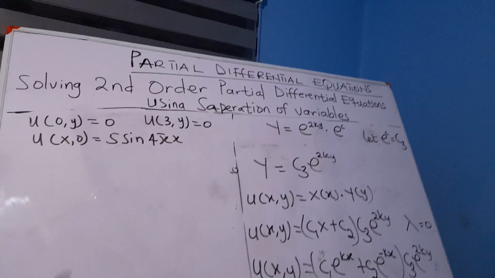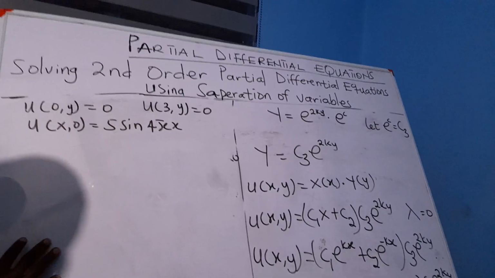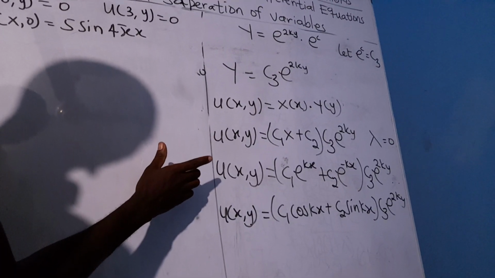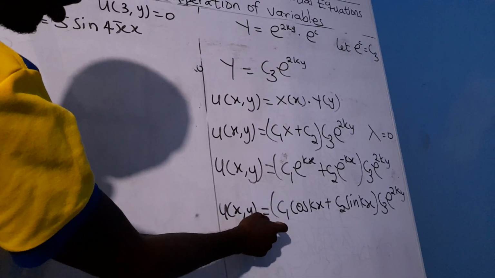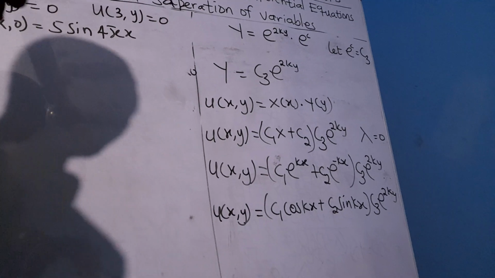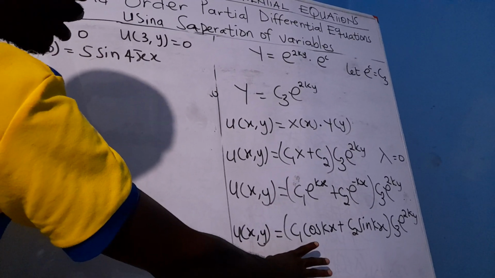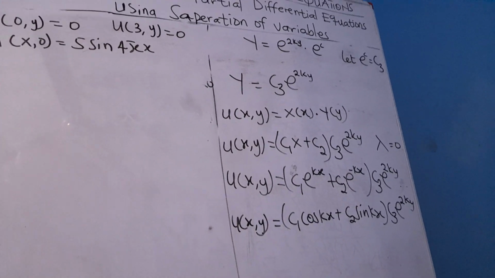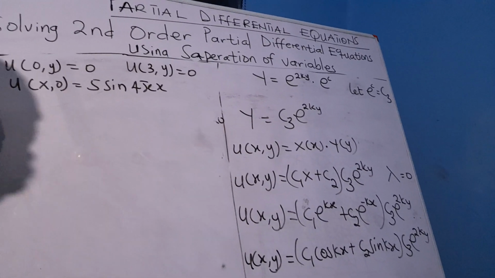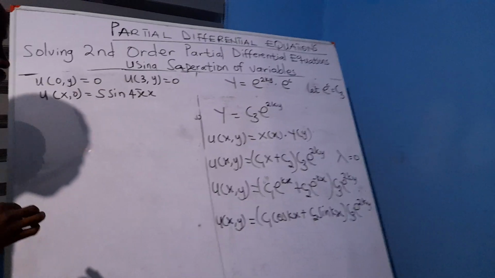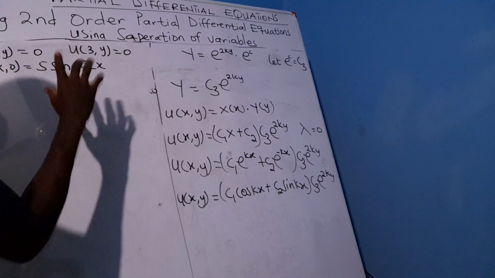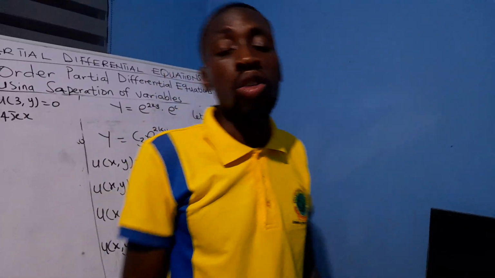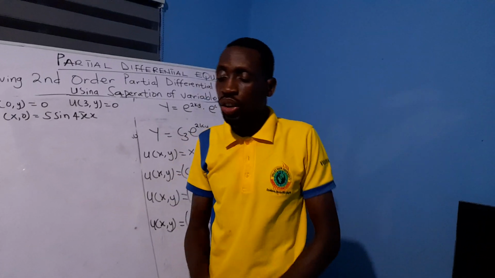Looking at our boundary conditions, you will see that they actually satisfy this third solution. So we take the third solution and find a particular solution from it. Then that becomes the particular solution to our partial differential equation. So now we copy that, then substitute the boundary conditions into it.